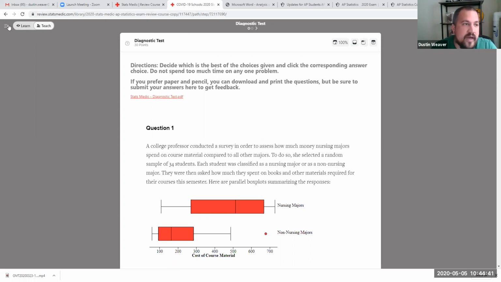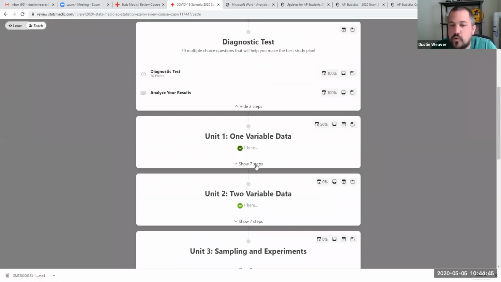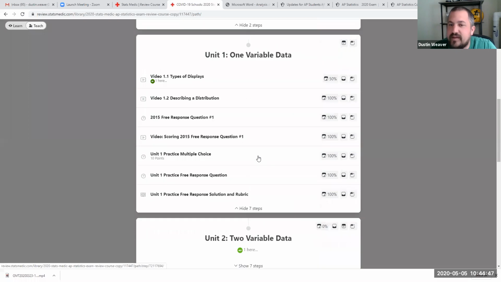Tomorrow, let me go back to the beginning. Tomorrow we are going to start Unit 1, and we're going to spend 2 days on Unit 1. For instance, tomorrow we are going to watch and talk about these videos, and we're going to do the free response question together. Then on Thursday, we are going to work on the multiple choice questions and then do the second free response question.